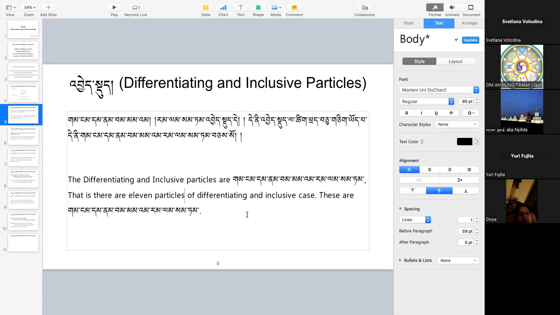So we must note that unlike the case of the sixth and the third grammatical case, the subject case and the relation case, in which the particles used for the sixth grammatical case and the third grammatical case are different, not only in usage but also when written.